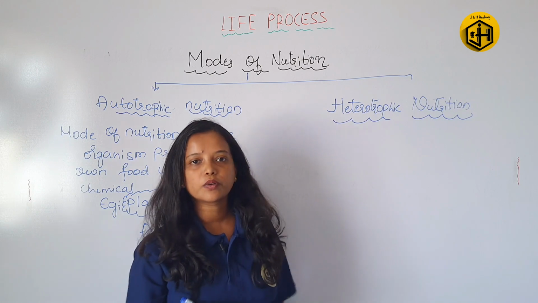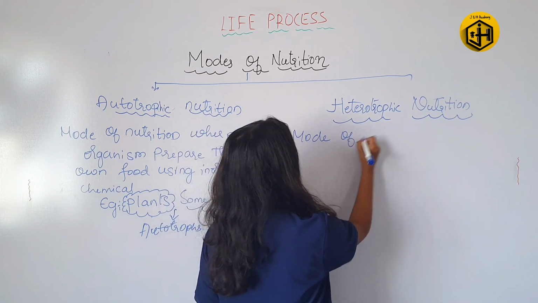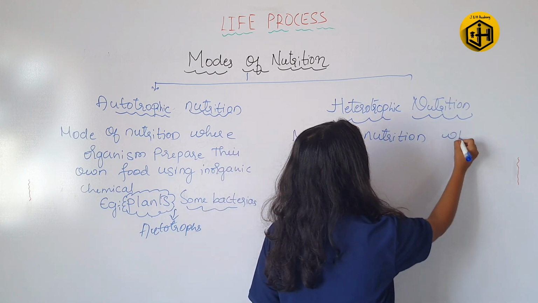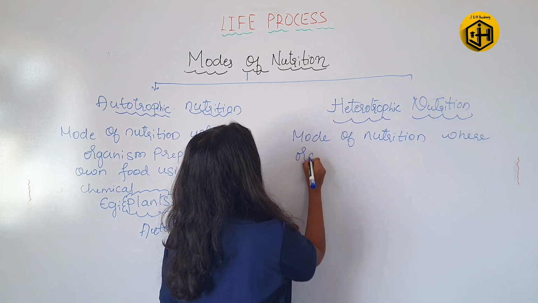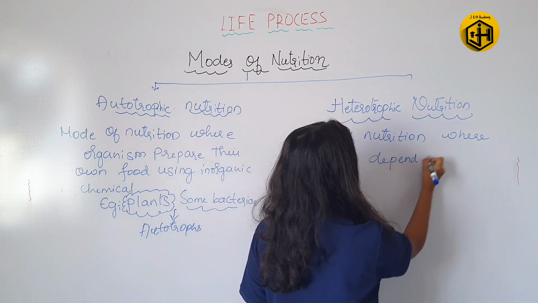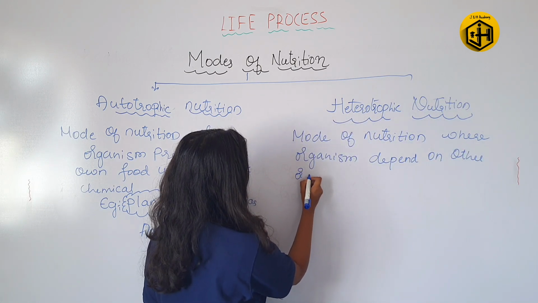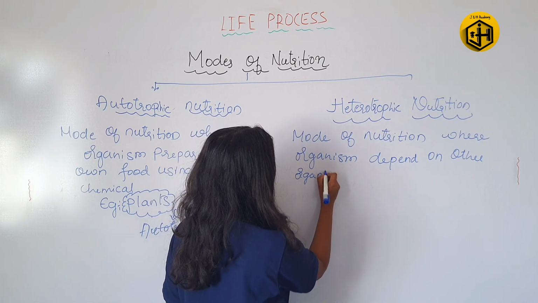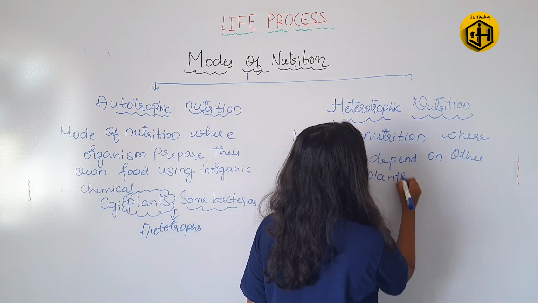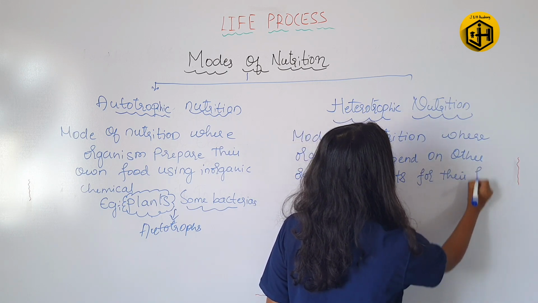So heterotrophic nutrition means it is a mode of nutrition where organisms depend on other organisms or plants for their food.